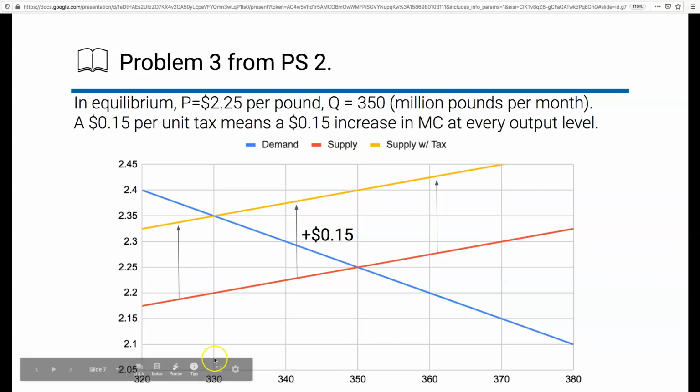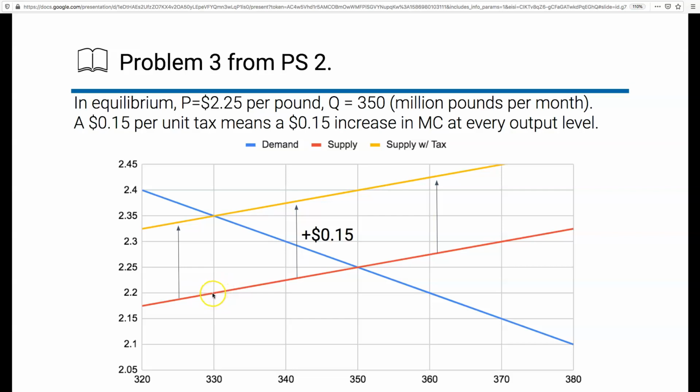After tax, we need to find a new quantity, and in our case, it's going to be 330, such that the price that the producers are willing to receive, 220, is 15 cents lower than the price that consumers are willing to pay. So we still have market clearing because quantity demanded equals quantity supplied. But now the two quantities equal each other at two different prices, and the difference between the prices is exactly 15 cents.